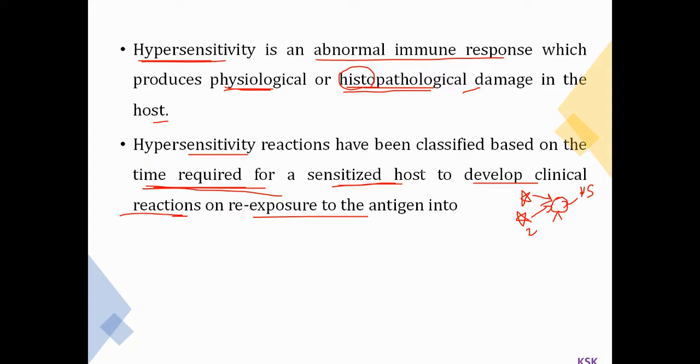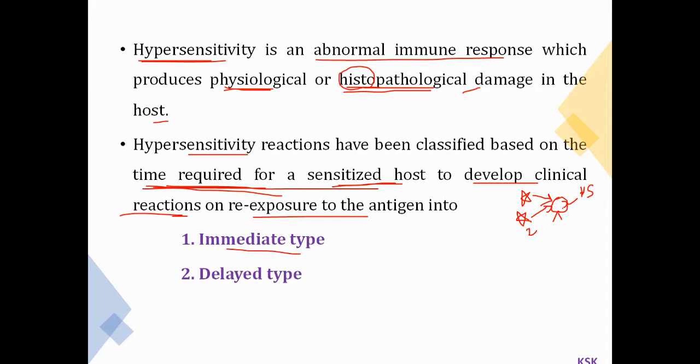Therefore, we can classify hypersensitivity reactions into two types. The first is the immediate type and the second is the delayed type.